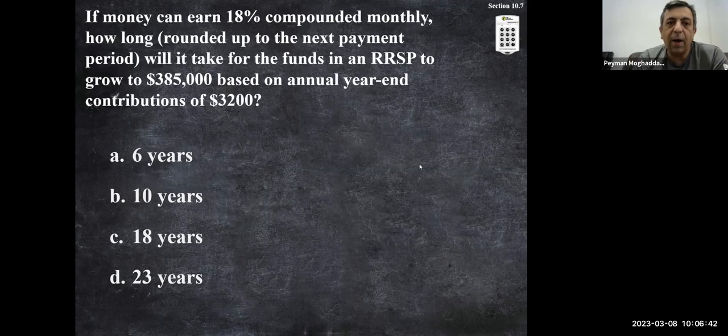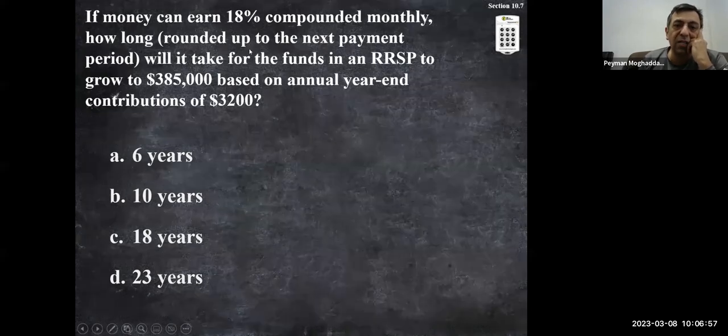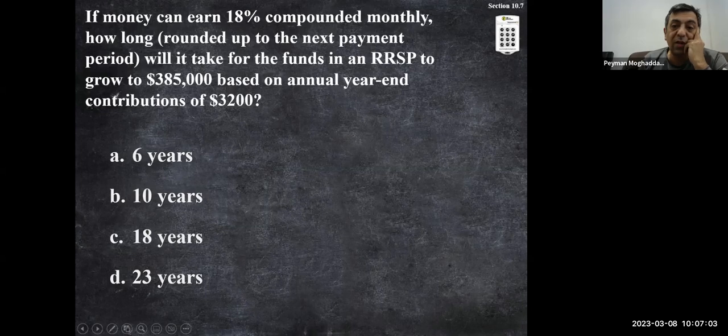Okay, so what's the question here? If the money earns 18% compounded monthly, so how long will it take, rounded up to the next payment period, for the fund in an RSP to grow to $385,000 based on an annual year-end contribution of $3,200?